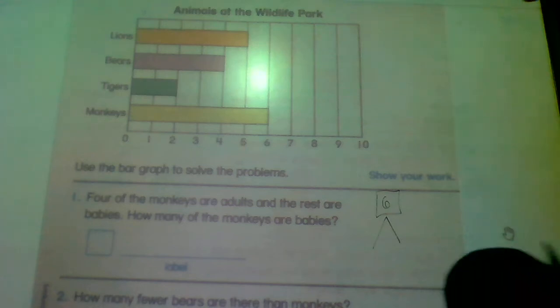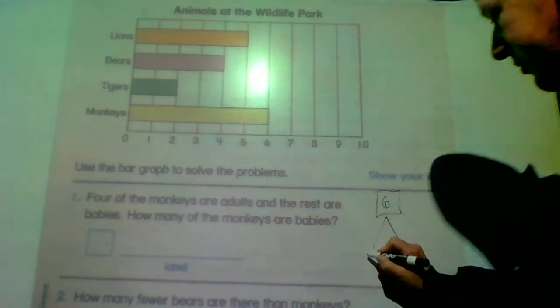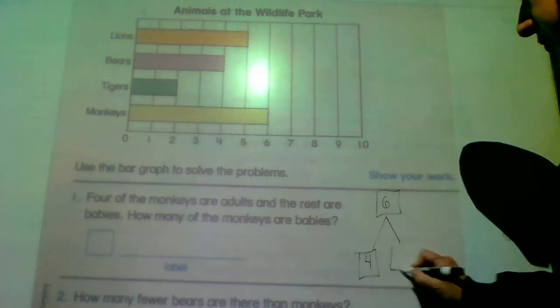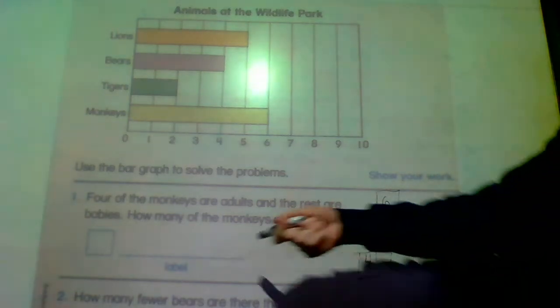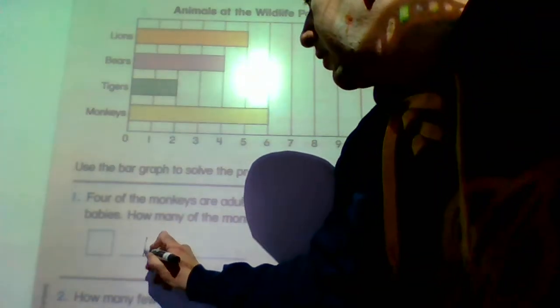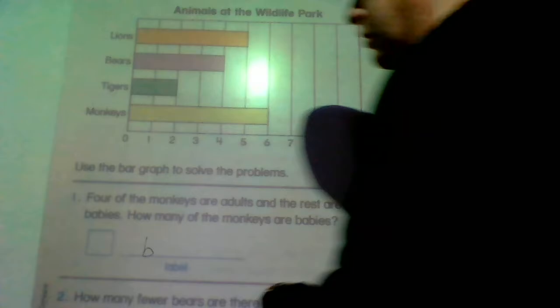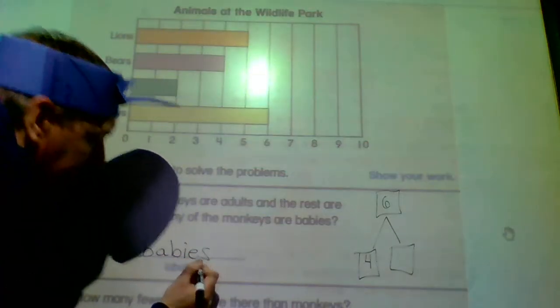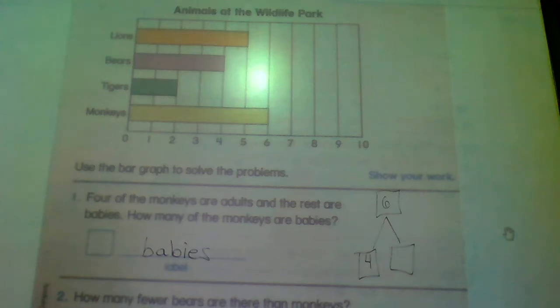How many are babies? Or how many are adults? It told us what goes right here. Your answer goes right here. I want to make the label babies.